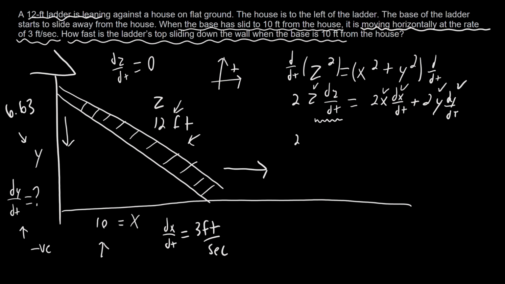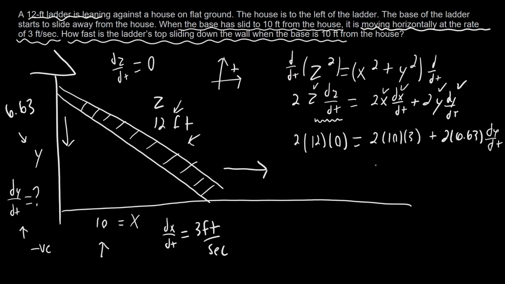So now plugging everything in, we get 2 times 12 times 0. So the left side will be 0 equals 2 times 10 times 3 plus 2 times 6.63 times dy over dt.